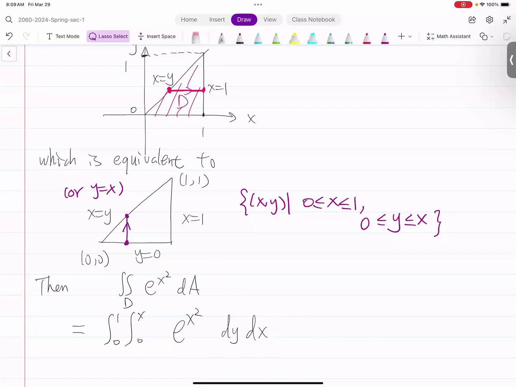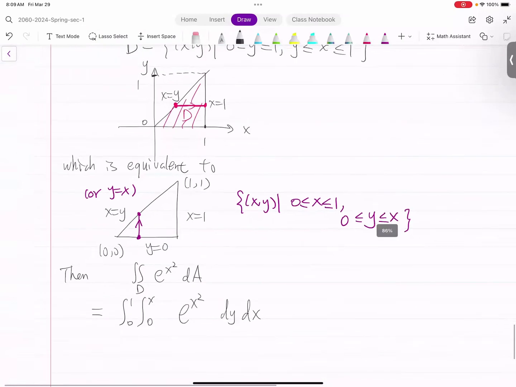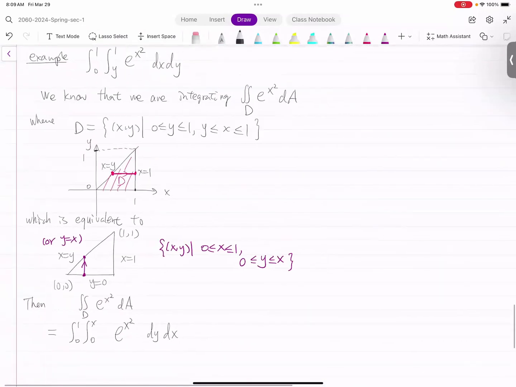Okay, so it looks really similar to the original form, but there's a clear distinction because now if you compare, so let's go up a little bit. Okay, so originally we have dx in the inner, right? It's the same function that we integrated, but now we have dy in the inner.